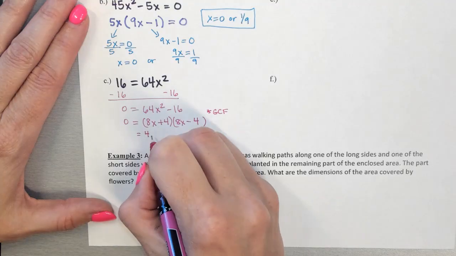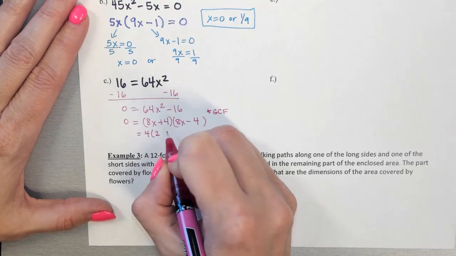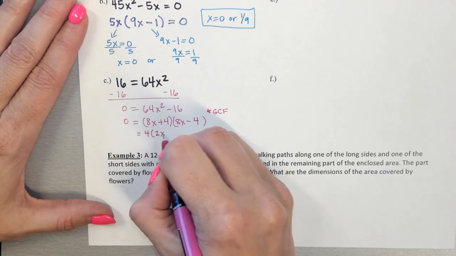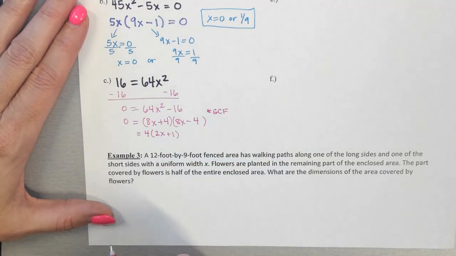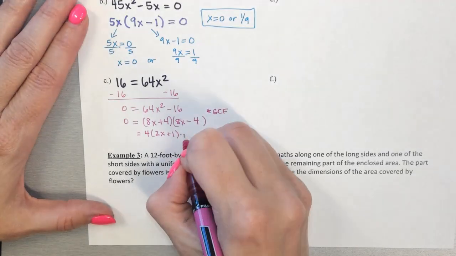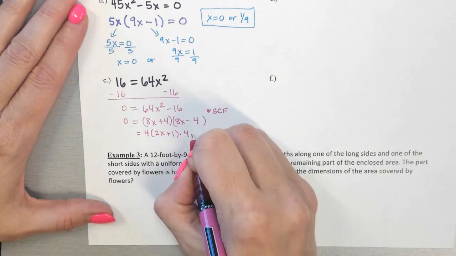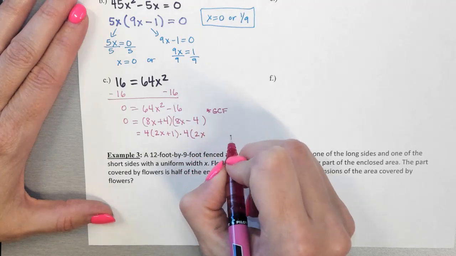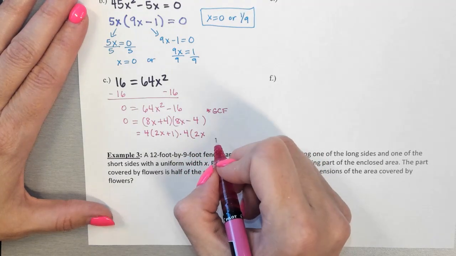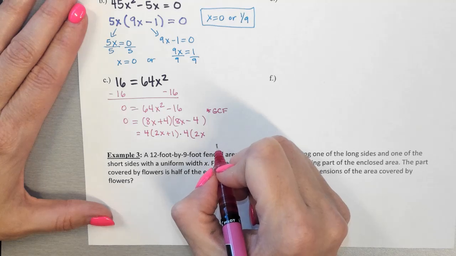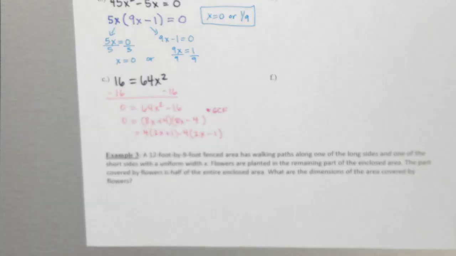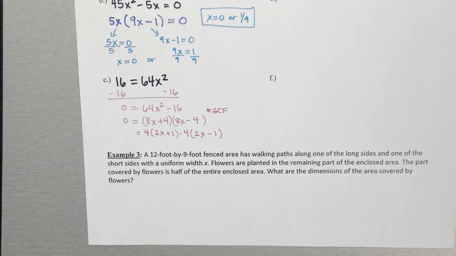Okay, so if I take out the 4, I have 2x plus 1. And then I can do the same thing here, right? I can take out the 4. Okay, so this is going to give me 2x minus 1.